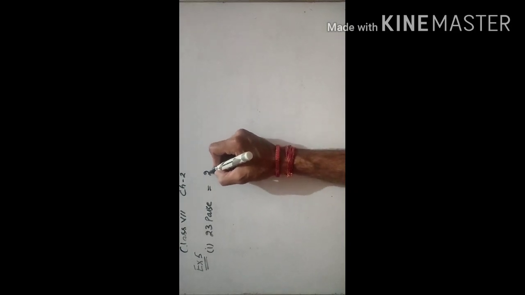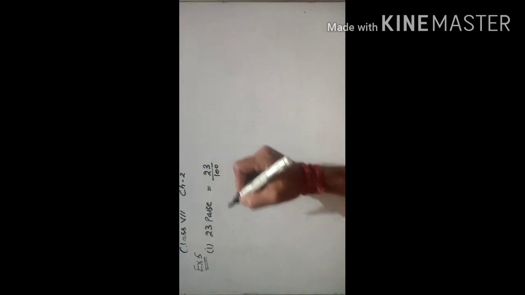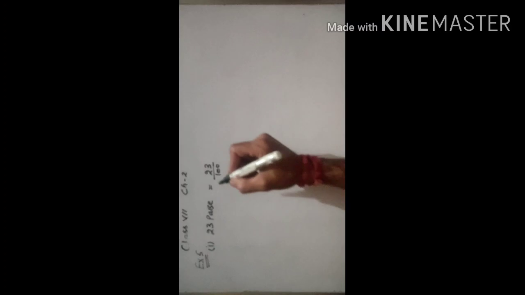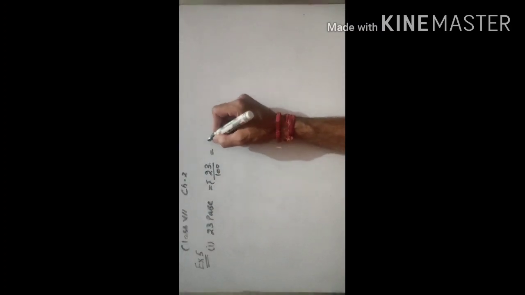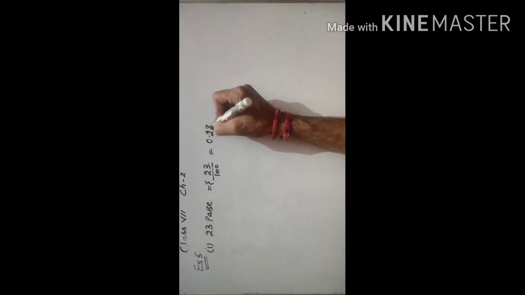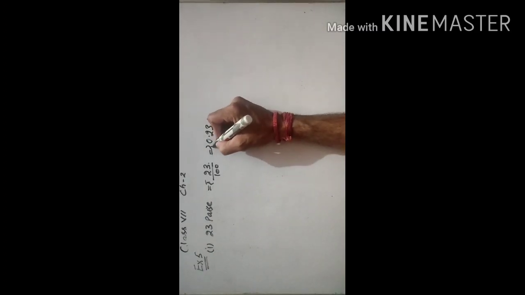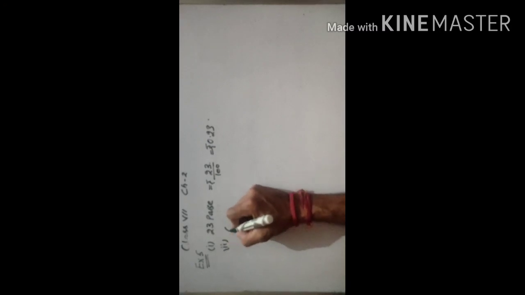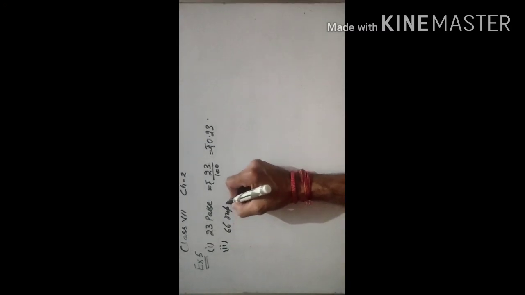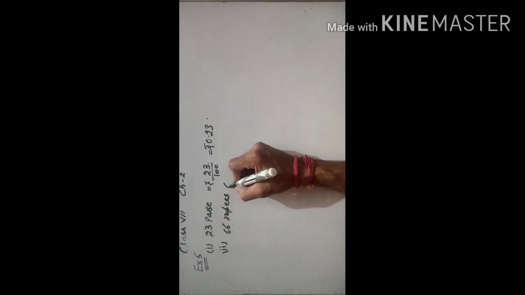That is equal to 23 by 100 rupees, that is 0.23 rupees. Second part is 66 rupees and 6 paise.